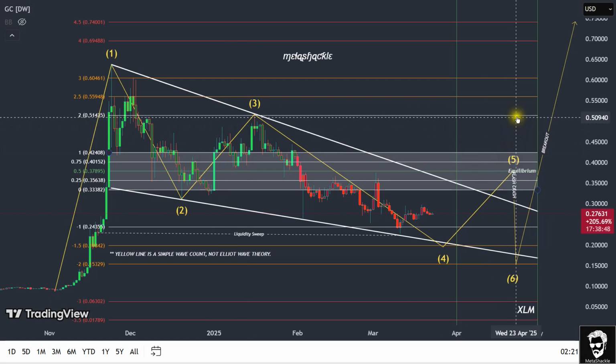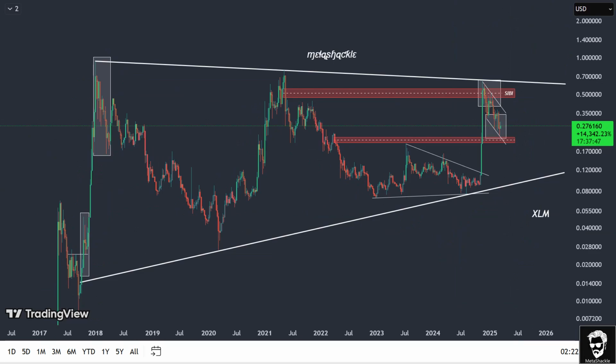Now the chart that we were just looking at was on the regular chart. For this chart, since it's spanning a long period of time, we are switching over to the logarithmic chart for accuracy. Now you can see the overall trend is really nice.